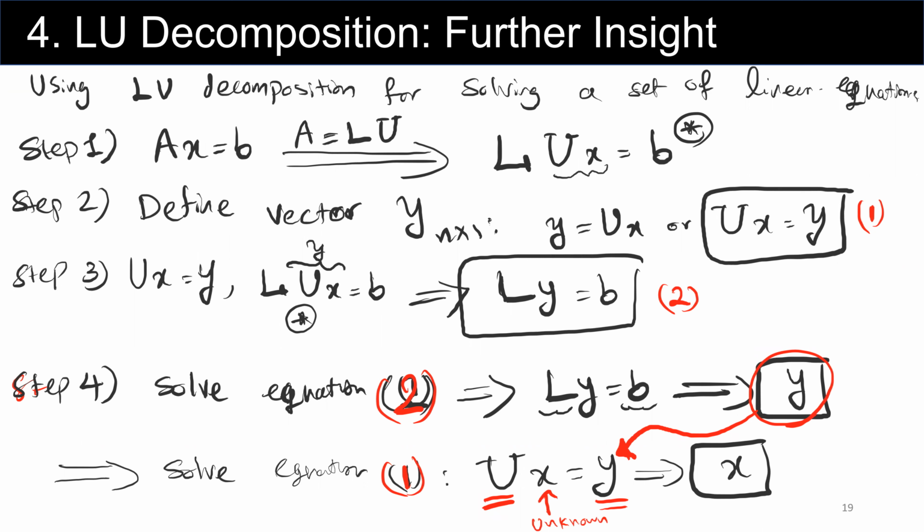So you may ask, why do we need to do this? What's the motivation for using LU decomposition for solving this linear equation instead of simply solving A multiplied by X equal to B? The answer is sparsity. Having a lot of zero values in L and U helps us to do computing in a more efficient fashion.